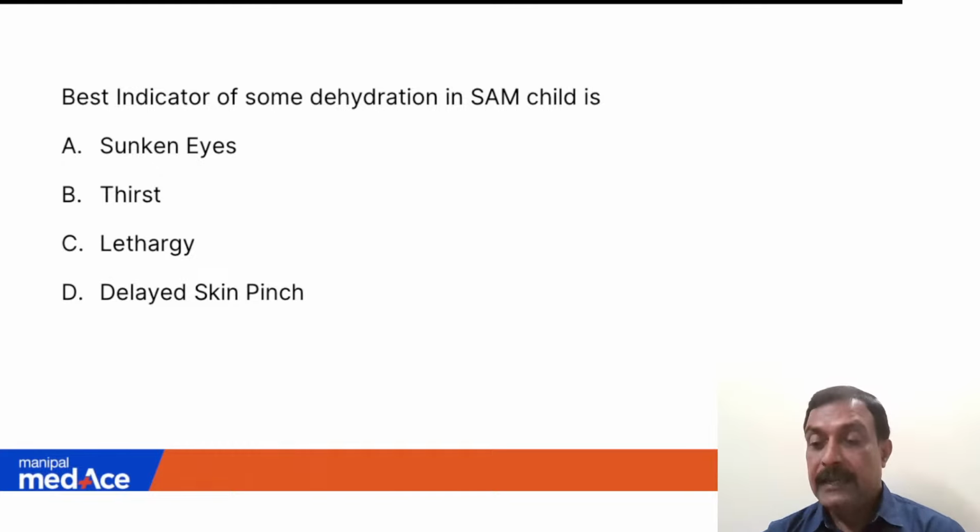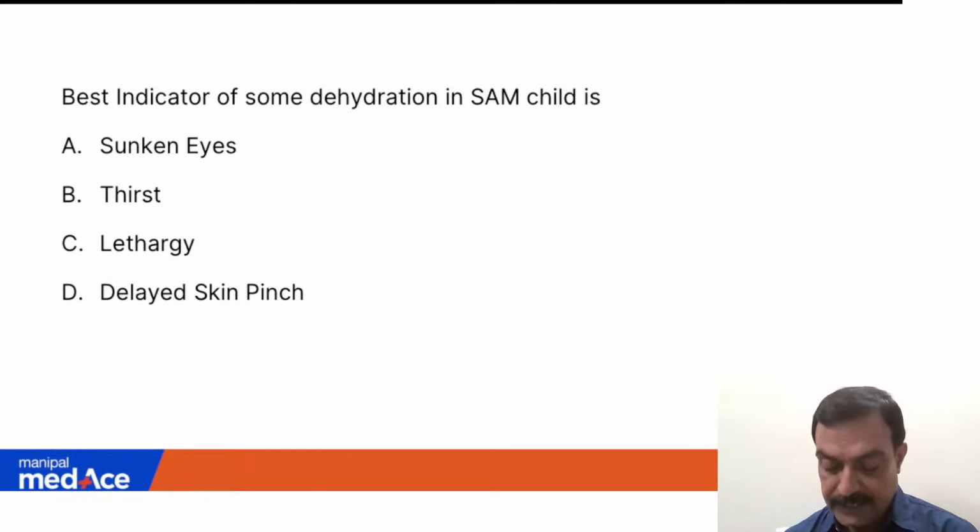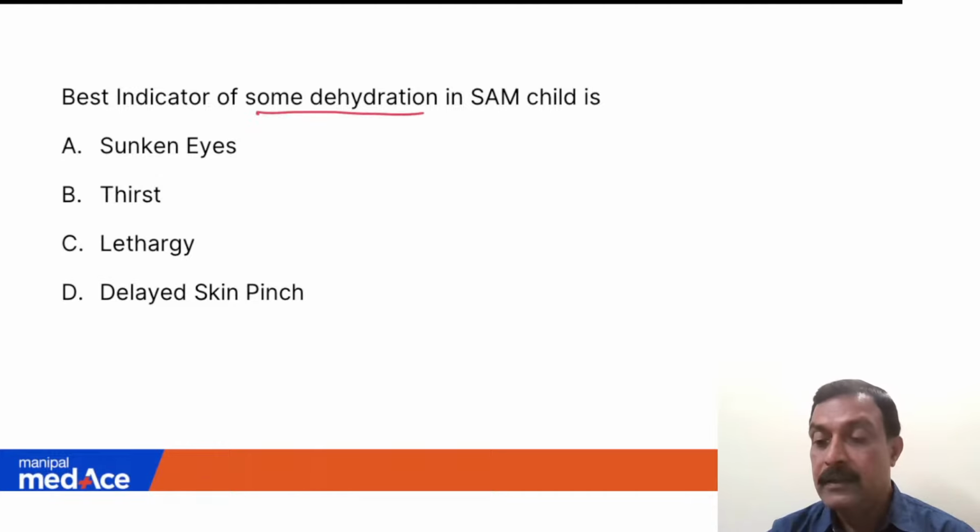Now, if you see severe dehydration, here it is some dehydration, remember that. There will be decreased urine output or decreased frequency of urination. Sunken eyes, yes, we see in both dehydration as well as SAM, severe acute malnutrition.